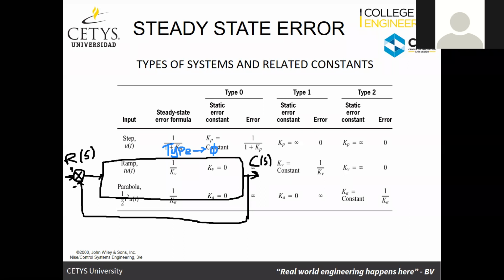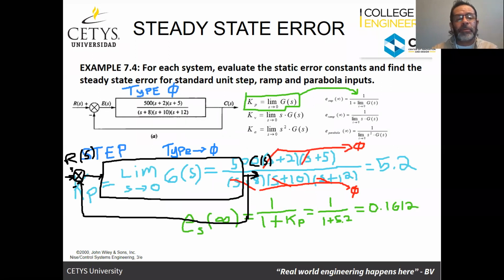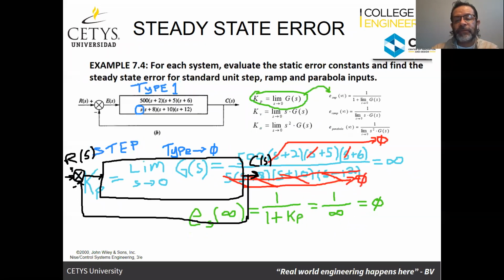So this is a type 0 system. The only type of input that's going to give a valid error is the step. Remember that we did a couple of exercises. For the type 0 system, we had the limit when s tends to 0 of Kp, G(s), which gave us a constant value, so the error was constant, but the rest gave us infinite.